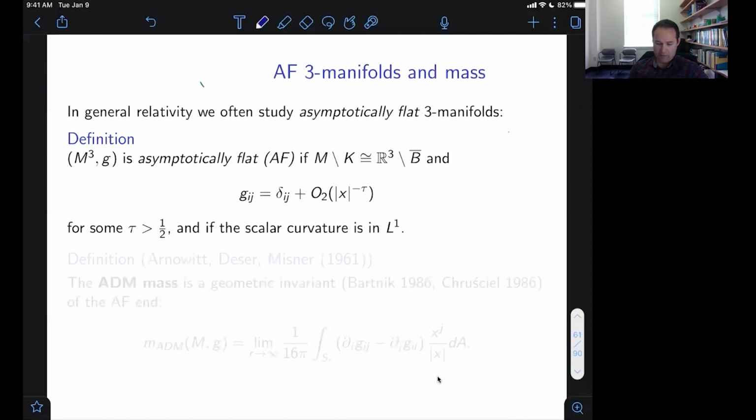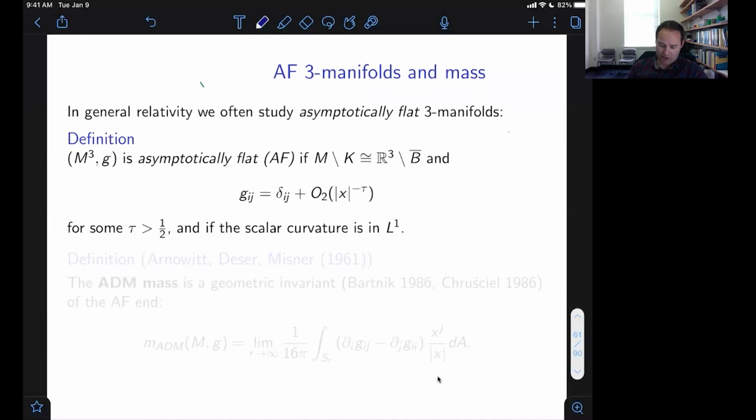So just some brief background here. This is more the setting that Pengzi will be talking about in a little bit. Looking at asymptotically flat 3-manifolds. We're back in the smooth world here, everything's smooth. These are manifolds where the metric tensor decays to the Euclidean metric in a precise sense at infinity.